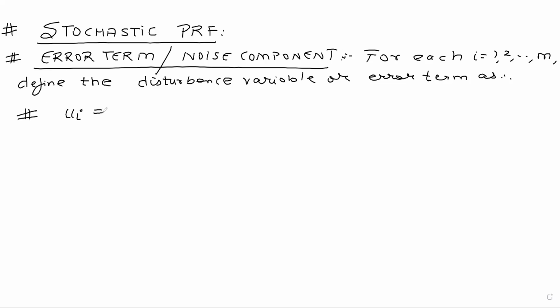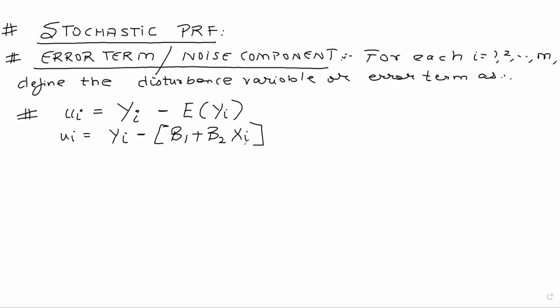Now ui is nothing but the difference between the actual value of y when x takes the value xi and the expected value of y. So the error term is the difference between the actual and the expected value of y. If you can recall, expected value of yi was equal to b1 plus b2 xi. We had done this, right?